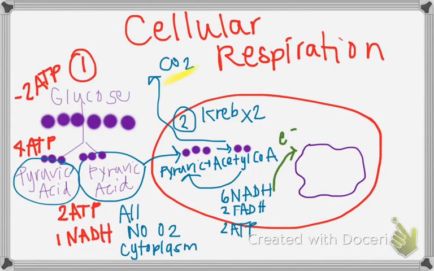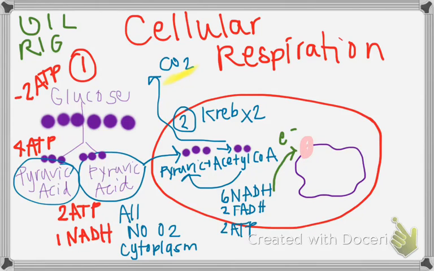NADH drops off electrons or loses electrons. So we could say that NADH is oxidized, because remember, oxidation is loss, reduction is gain. So NADH drops its electrons off at the electron protein right here in the electron transport chain.